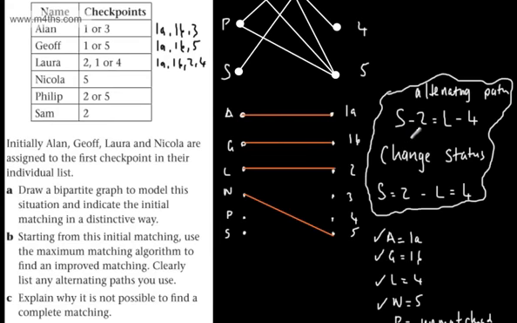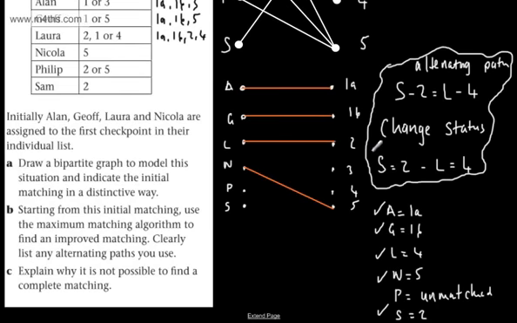As stated, that is not the only possibility, and sometimes you'll hit a dead end. So for example, if you wanted to go a different route with an alternating path, say we started with Philip. What we could do with Philip is send Philip to 5. Now P is not matched, so I'm matching one unmatched with one matched.